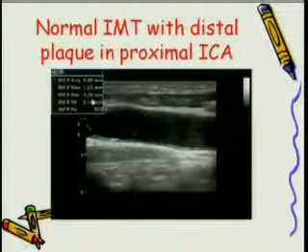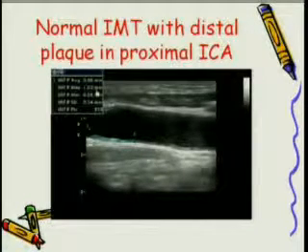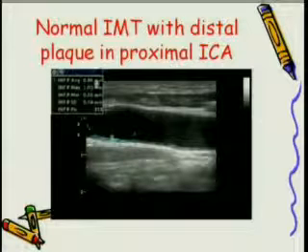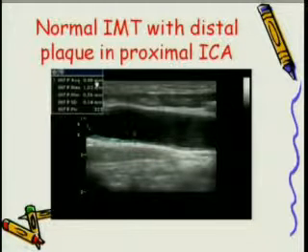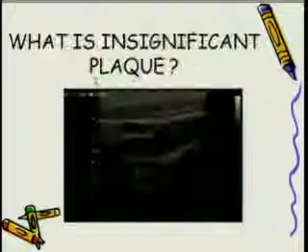This is another method with which we look at the peak, maximum and average of intimal medial thickness. One paper published in JASE 2012, about a year back, talks of a mean intimal medial thickness of more than 0.8 being significant for evidence of significant atherosclerosis.